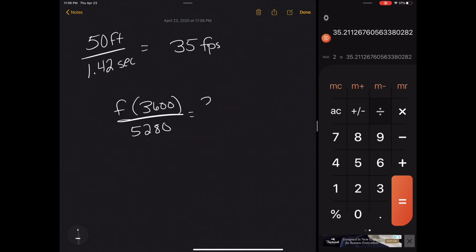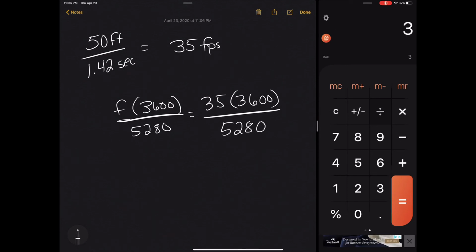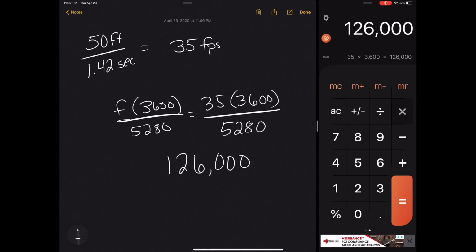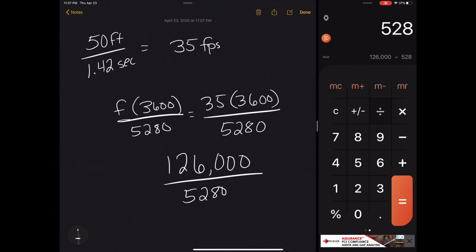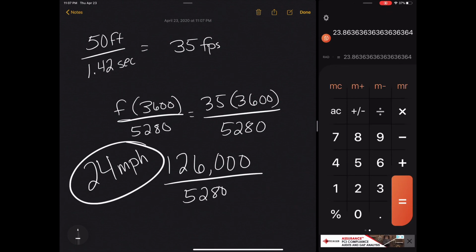So we take 35 times 3,600, which is 126,000, and then we divide that by 5,280. So that vehicle was traveling approximately 24 miles per hour when you round it, which really makes sense when you're looking at it.